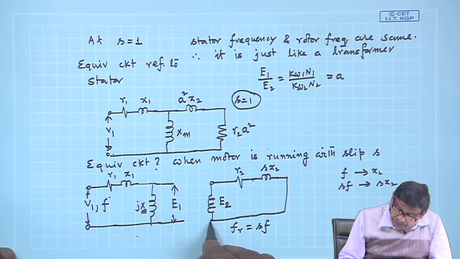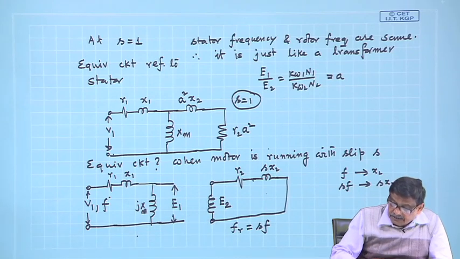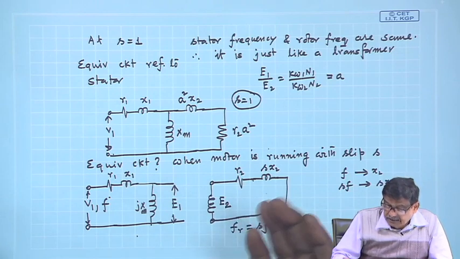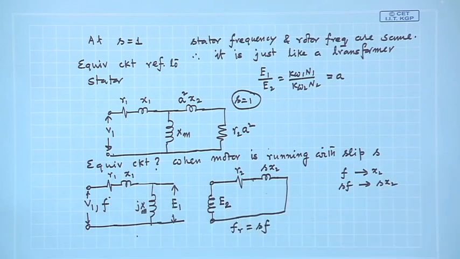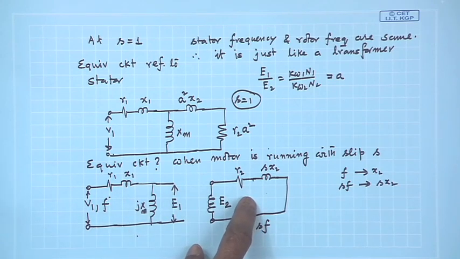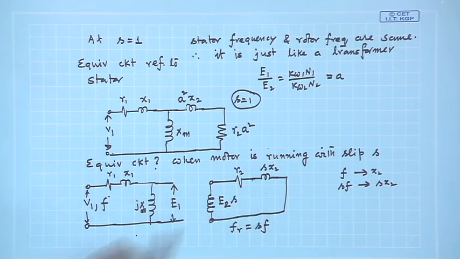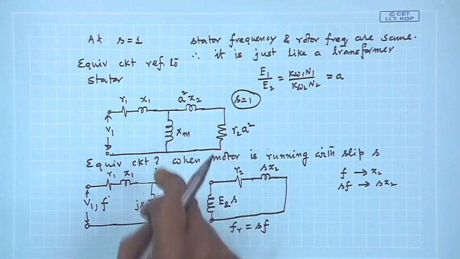Now, the moot point is these 2 points. I am slightly in a difficult position now. There is a primary coil, there is a secondary coil, and this voltage E 2 can also be written as S into E 2, where E 2 is the voltage at standstill condition.